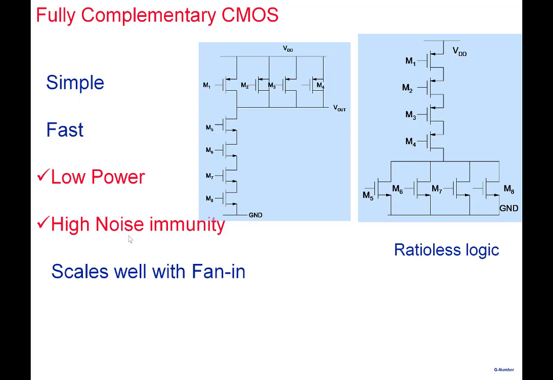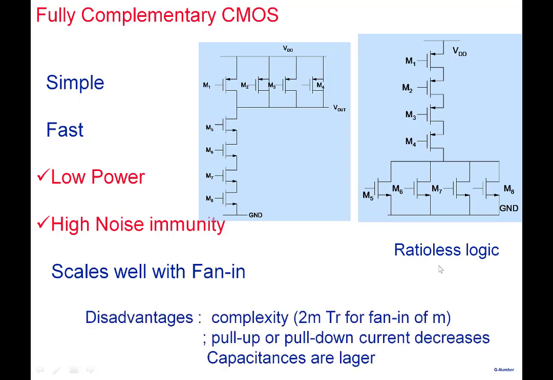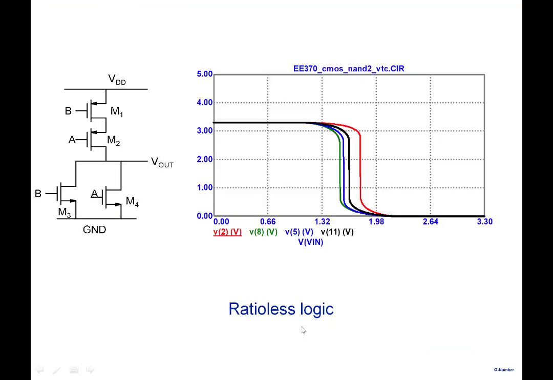The strength is here. Now, the other thing: you will hear the phrase that this is a ratio-less logic. Because when we look at other logic families, you'll hear the words ratioed logic and ratio-less logic. So what do we mean by that? Ratio-less logic basically means, note that when we construct a NAND gate like this and a NOR gate like this, the freedom that we have is the sizes.